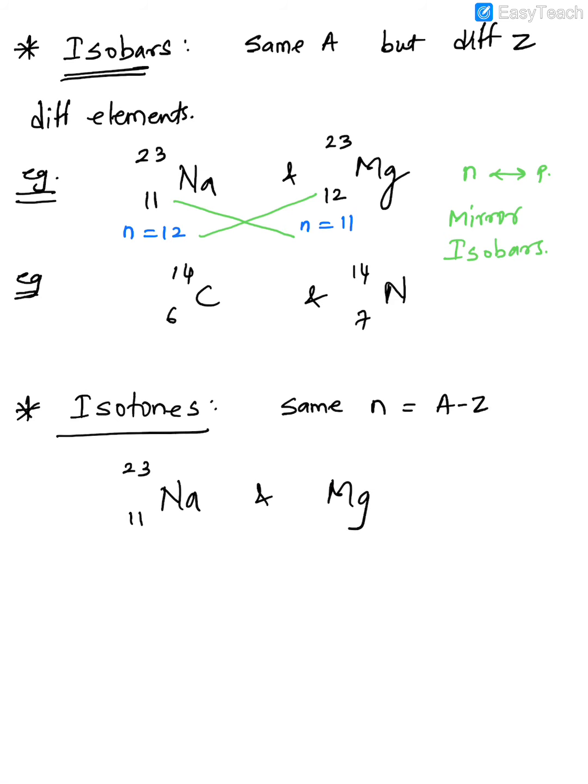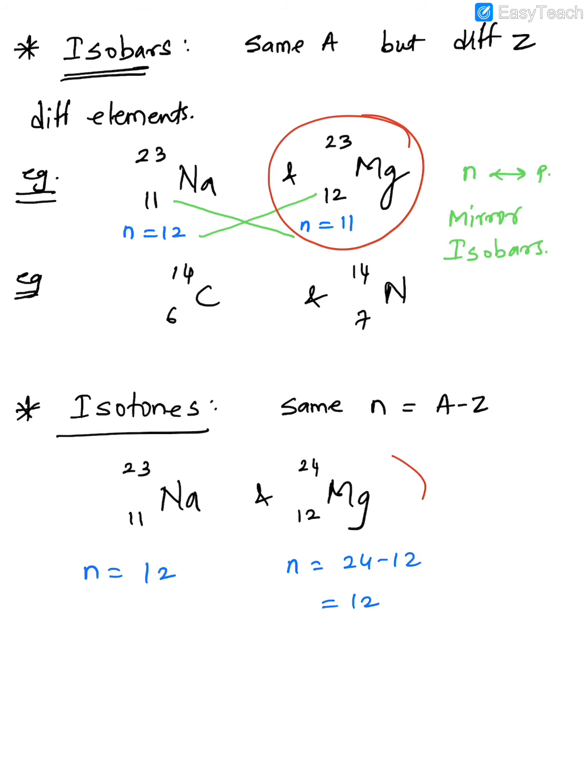Magnesium is 24 and 12. Find the number of neutrons here: 23 minus 11, 12. Find the number of neutrons here: 24 minus 12, which is also 12. So the number of neutrons is the same in both cases. When the number of neutrons is the same, they are called isotones. You must be wondering why magnesium was 23, 12 earlier but here I wrote 24, 12, because these are the isotopes of magnesium.